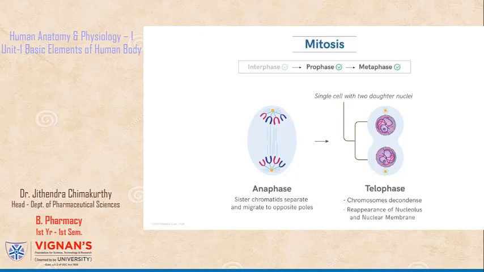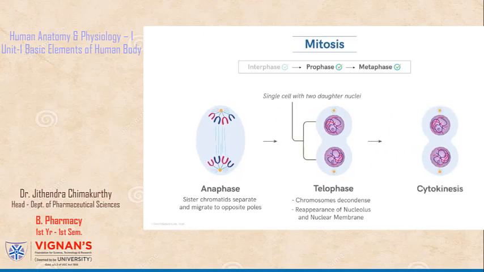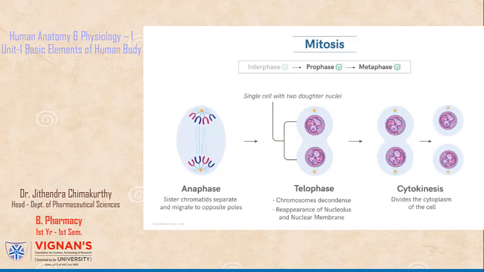So now the cell is all set for the last phase of the mitosis, that is cytokinesis. The phase of cytokinesis divides the cytoplasm of the cell. There is a formation of a cleavage furrow in the cell membrane which extends up to the core. And this results in the formation of two daughter cells. These two daughter cells are genetically identical to each other.